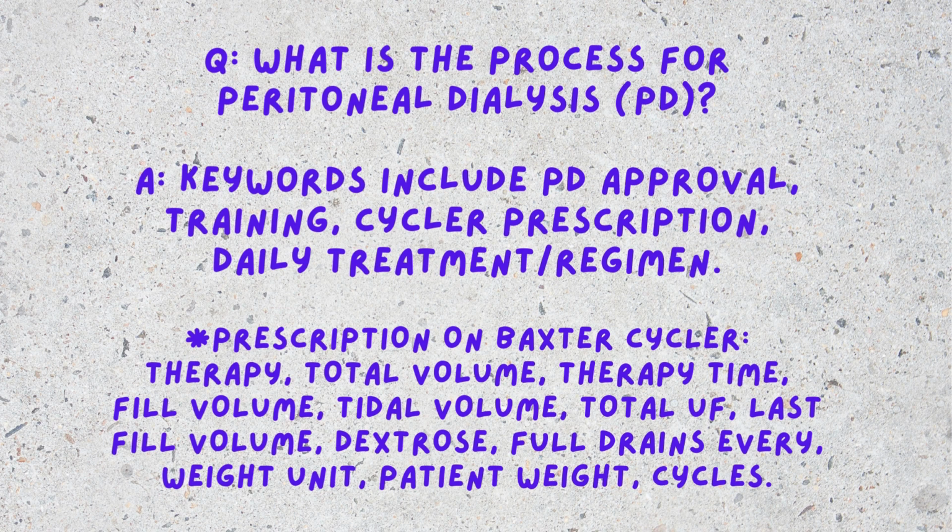The weight unit will be set also, pounds, so that would be the patient's weight. That would also be recorded for the machine, and then the number of cycles that you have. It could be 5 cycles, it could be 6 cycles, it could be 4 cycles. That will be tailored to the individual patient, of course.